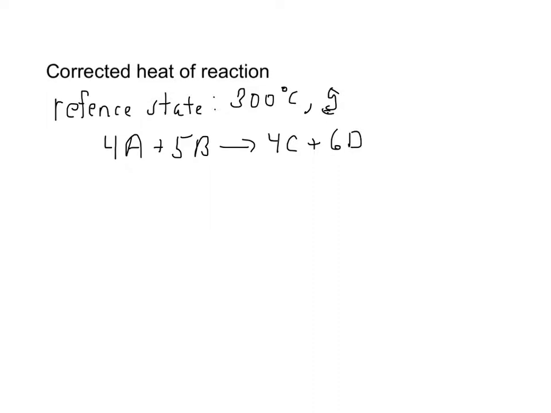Now, these are all gases, so I'll write that down, all gas. And what we want is the heat of reaction at 300 degrees C. Well, we don't know that, so I'll just put delta HR at 300 degrees C.